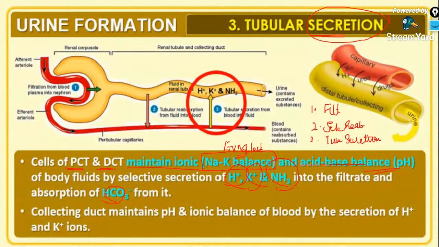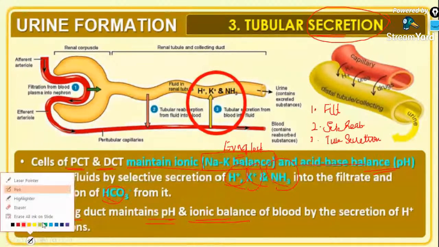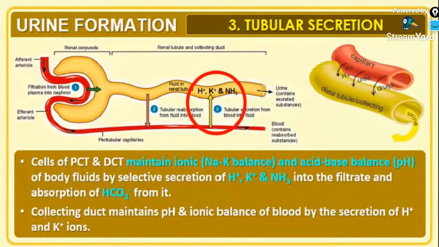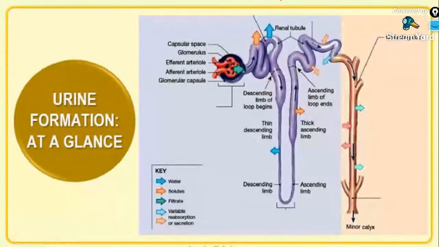Okay, so the collecting duct is the part which maintains the pH and the ionic balance of the body by the secretion of certain ions, as the term tubular secretion suggests, into the tubes. So guys, no need of further explanation, just take a screenshot for this.